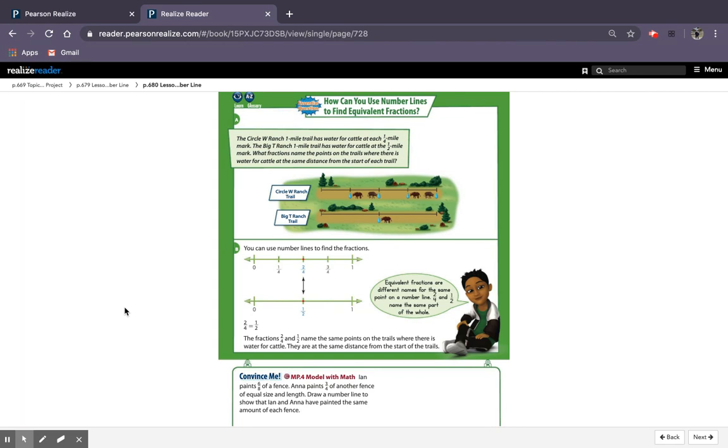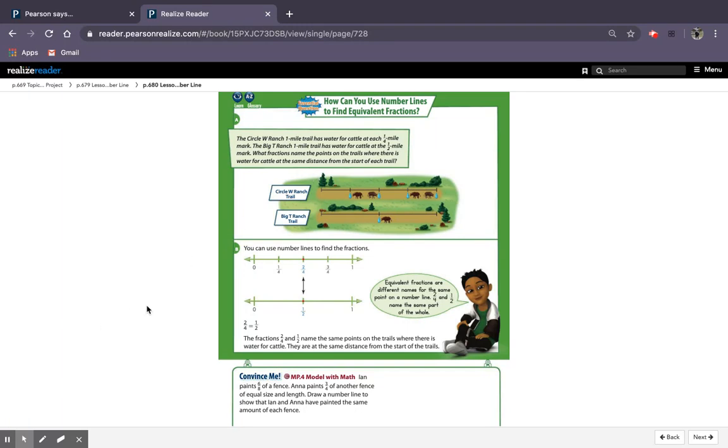So our word problem here says, the Circle W Ranch 1 mile trail has water for cattle at each 1/4 mile mark. The Big T Ranch 1 mile trail has water for cattle at the 1/2 mile mark. What fractions name the same points on the trails where there is water for cattle at the same distance from the start of each trail?